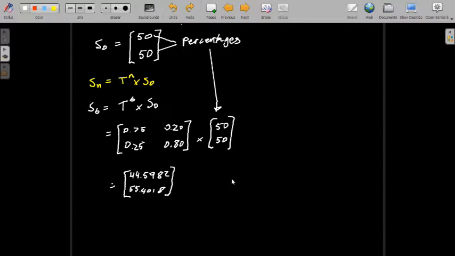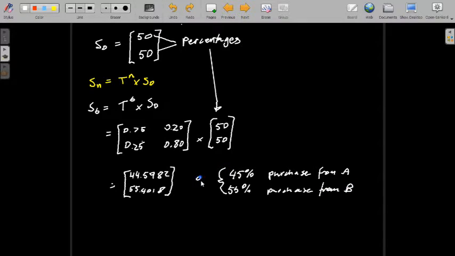So basically 45% of customers will be purchasing from A, and that leaves 55% purchasing from B. Remember this is after 6 months. Okay, so that's part B.